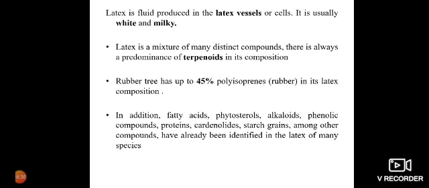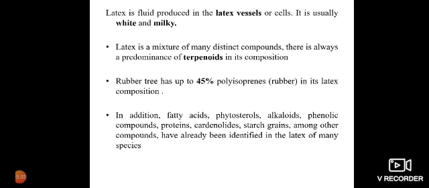As I mentioned in earlier slides, in brief, latex is a fluid produced in latex vessels or cells. It is usually white or milky, and sometimes it is alkaloid, enzymes, sugar, protein or terpenoid in composition.